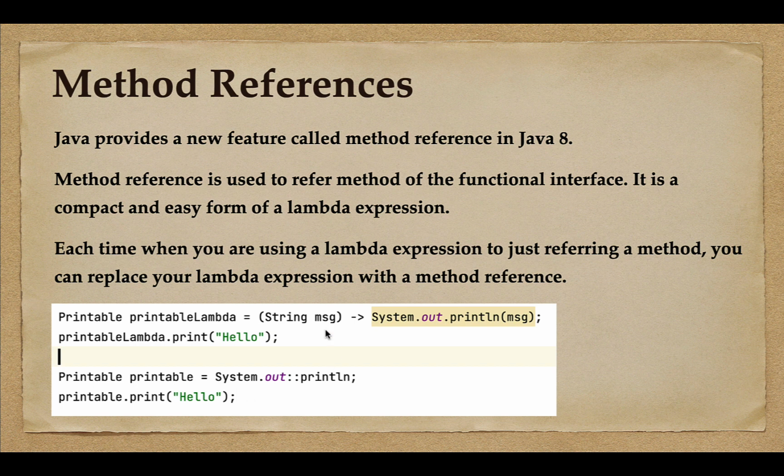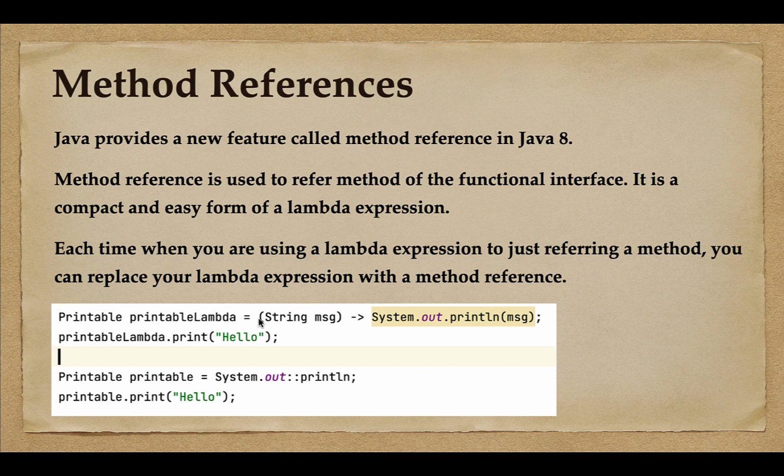For example, look at the code snippet here. This is a Lambda expression just to refer to a method. For example, System.out.println. So println is the method, out is the object. This Lambda expression is just to refer to the method println. We can easily replace this Lambda expression with a method reference, and here you can see the syntax of converting the Lambda expression into a method reference.